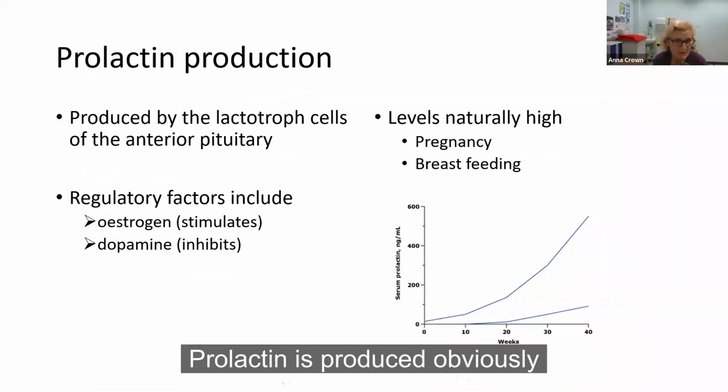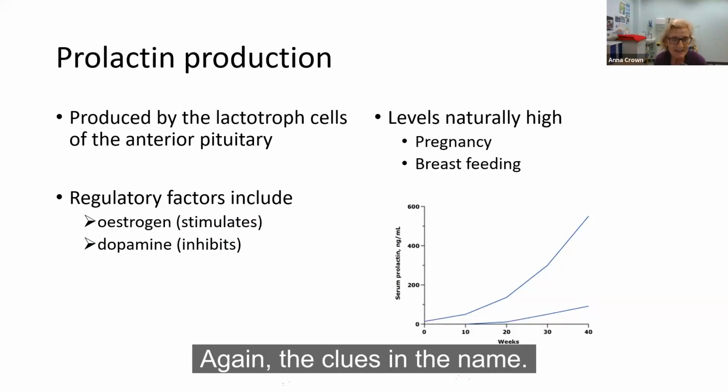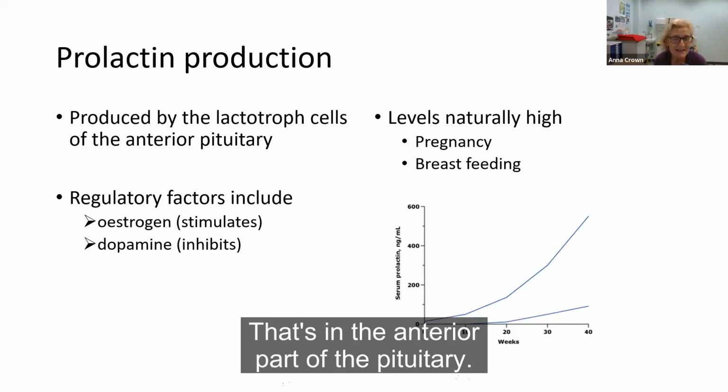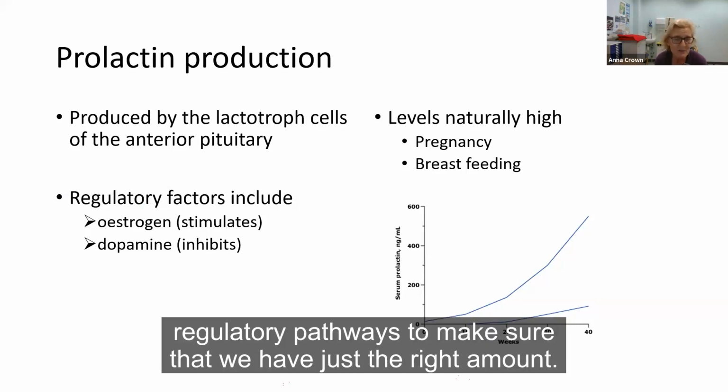So prolactin is produced by the pituitary, more specifically by cells called lactotroph cells. Again, the clue's in the name, and that's in the anterior part of the pituitary. All of the pituitary hormones have complex regulatory pathways to make sure that we have just the right amount.